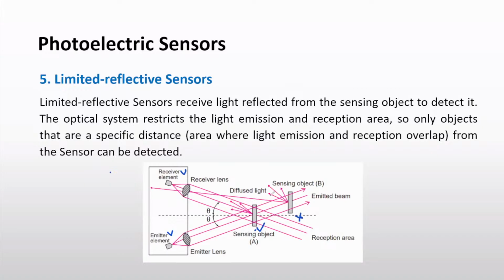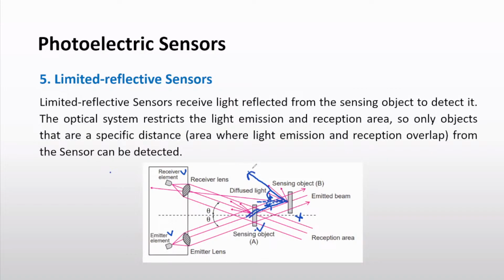So what happens if the object is present here? When the emitted light strikes this object, it scatters and also reflects light at this angle. According to the reflection rules, it strikes and makes the same angle as it reflects.